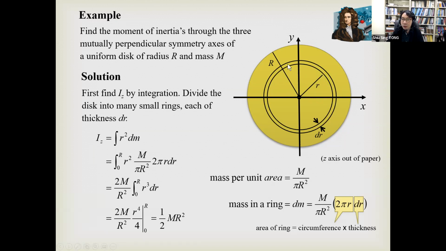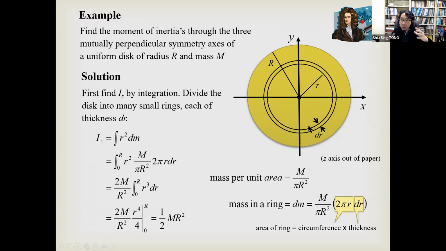So the thickness of the ring is dr. I consider this ring, and you can see that because the thickness is so small, all the points on the ring have the same distance r from the center, from the axis of rotation. So that becomes a well-defined r squared. The difficult thing now is how to find the dm. The dm is the mass of each piece.